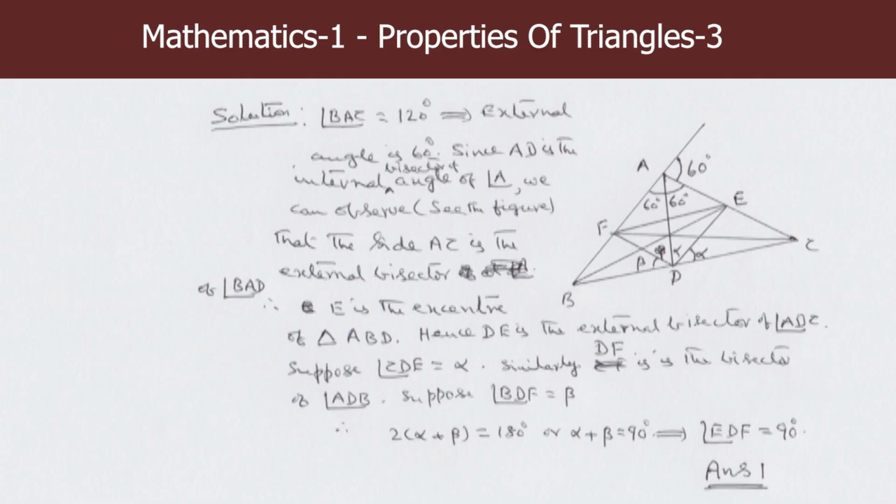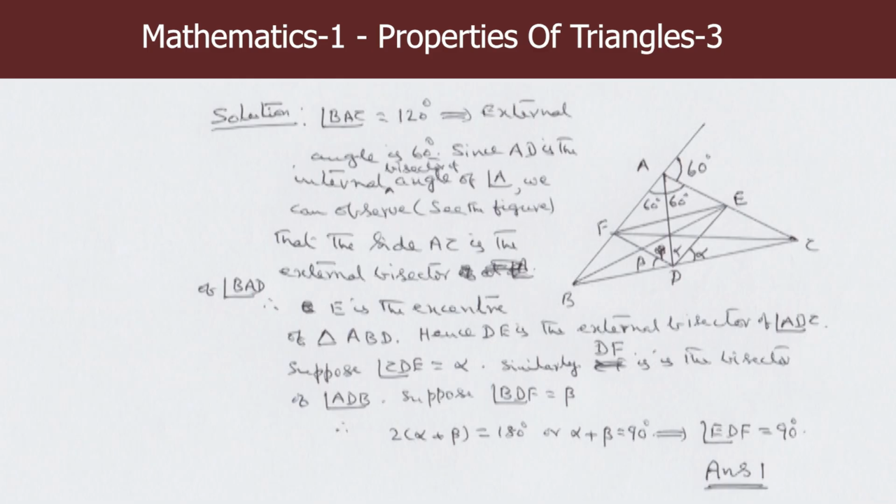Then triangle DEF is 1. Right angled, 2. Isosceles, 3. Right angled isosceles, 4. Equilateral. So this is a very good problem. Generally this problem won't require any properties of triangle. It requires only elementary geometry.